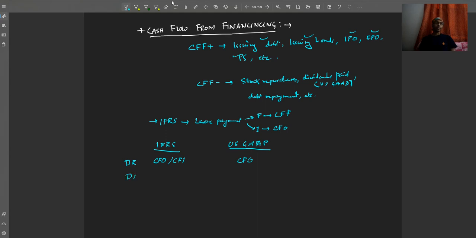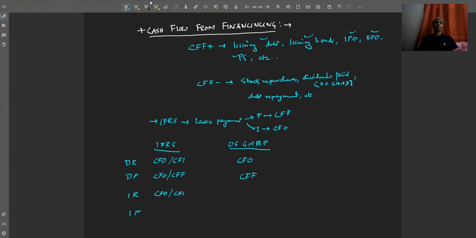Dividends paid can be an operating activity or a financing activity under IFRS, but under US GAAP it is strictly a financing activity. Interest received can be an operating activity or an investing activity under IFRS.